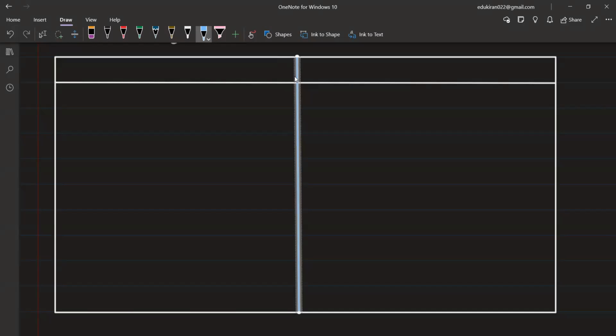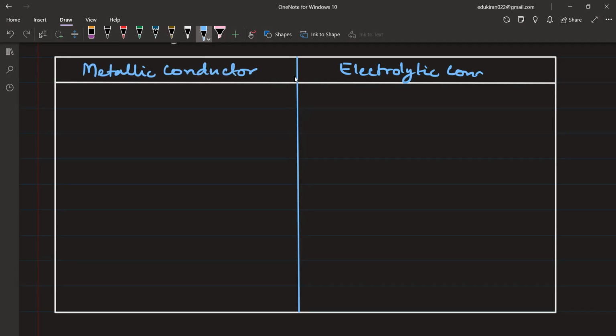Right here, metallic conductor and electrolytic conductor. Write the number 1 point.